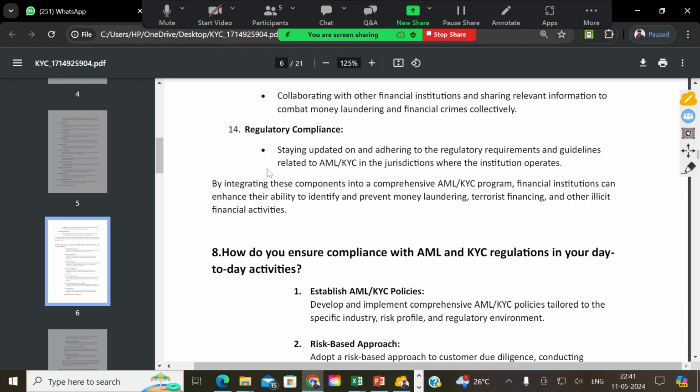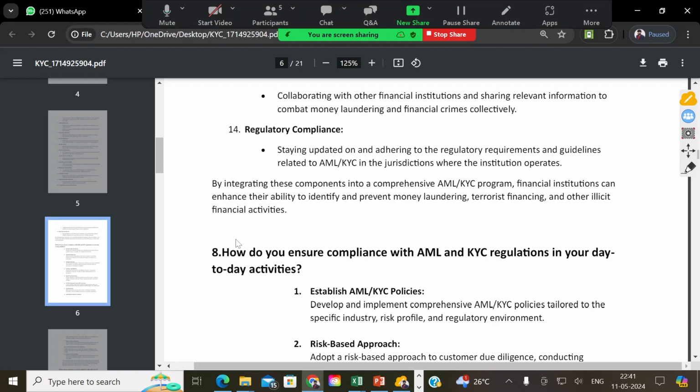If we integrate AML and KYC programs, it will enhance their ability to identify potential frauds or illicit activities, I would say, or any terrorist activities and money laundering activities basically.